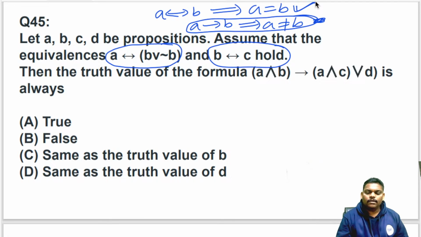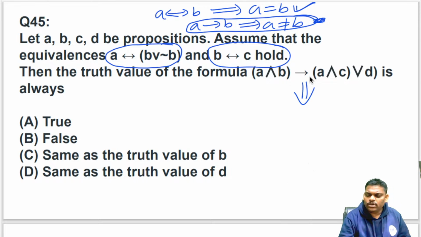Yeah, now see, they have given something. Assume that these equivalences are valid. Then the truth value of the formula is given. There may be many ways. I'm just doing one thing. See this, everyone.